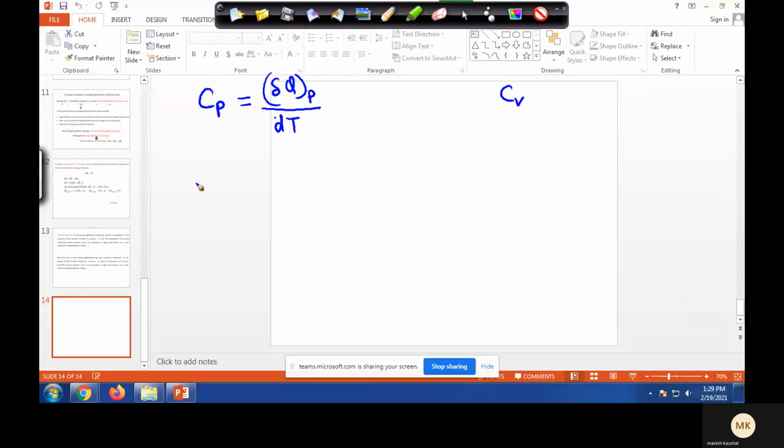Now, if you do it reversibly, you can always write dq at constant pressure is equal to dU plus PdV. Since the process is happening at constant pressure, there is no harm in adding VdP because dP is anyway 0.